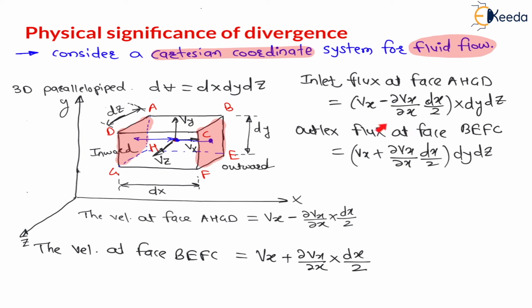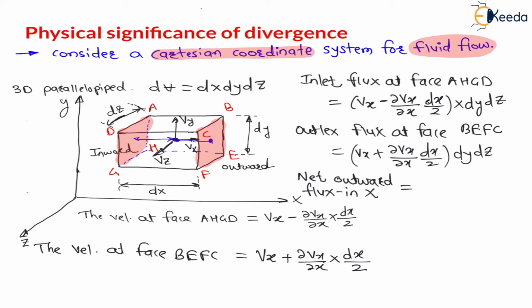Therefore, the difference of this will be the net outlet flux in x direction. Here I will write the net outlet or outward flux in x direction will be equal to, see, here we have to write outlet flux at phase BEFC minus inlet flux. This difference we have to consider. So let us write down this difference.